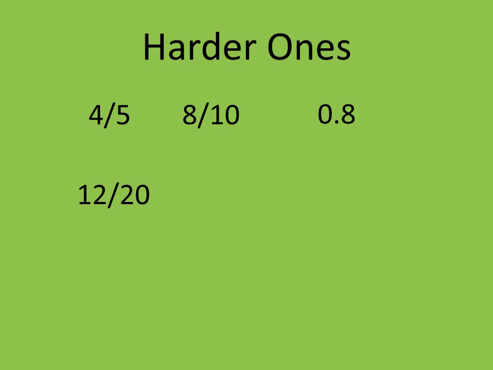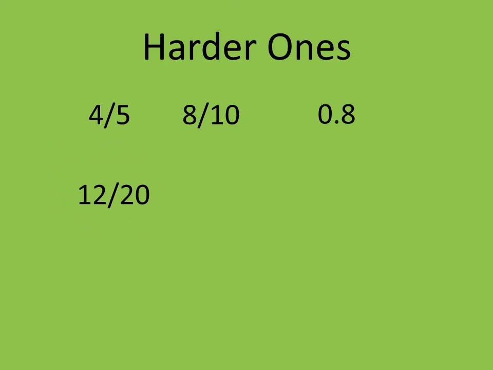12 twentieths. Well, it's not over tenths or hundredths or thousandths, so it's actually a little bit harder. Just like we can change that into a tenths equivalent fraction, we've got to change this into another equivalent fraction.